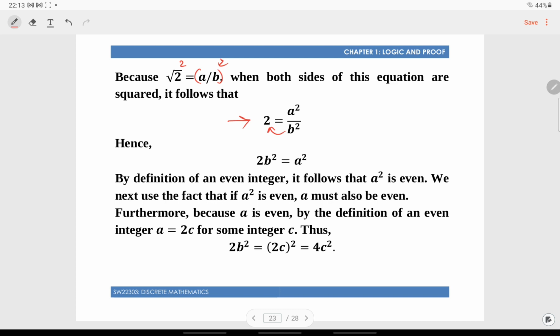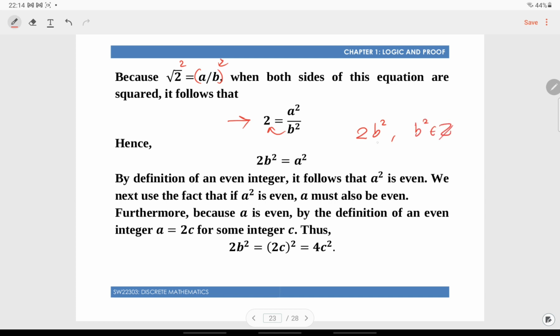By definition of an even integer, it follows that a square is even. Why? Because it can be written as 2b square. Because b is an integer, b square also is an integer.